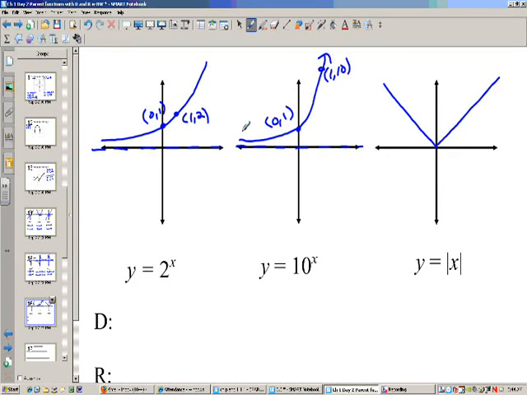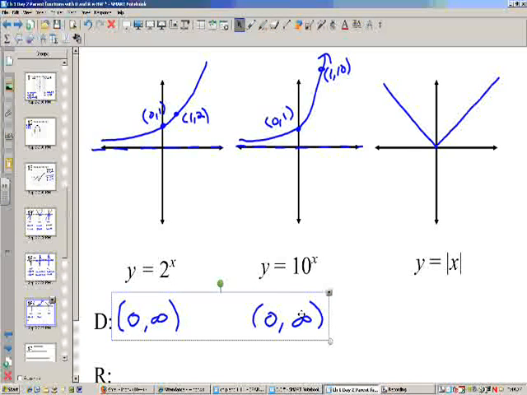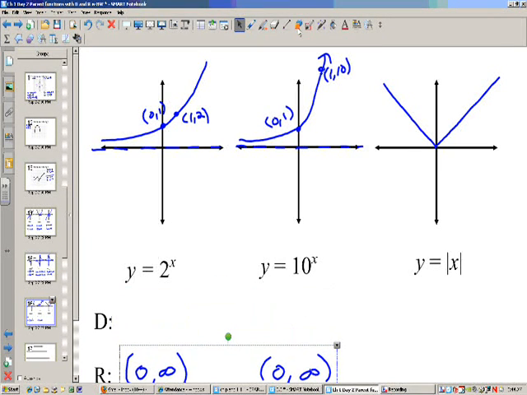Finally, the last set, these exponential functions are going to have the same domain and range because they look fairly similar. And it's going to be greater than 0, so not 0, and it's going to go towards infinity. So 0, infinity. The range, oh, I hope everybody saw that I did that wrong. What I did is I actually did the range goes from 0 to infinity.